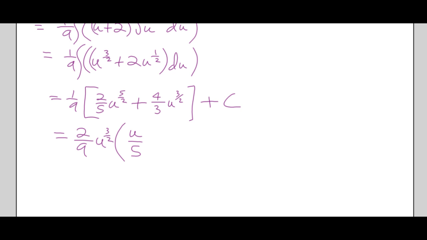And that 2's gone, so we still have a 2, so 2/3, plus c. Okay, so we're going to take what's in the brackets, the u over 5 plus 2/3, and combine that. Yeah, so I'm just going to clean that up.